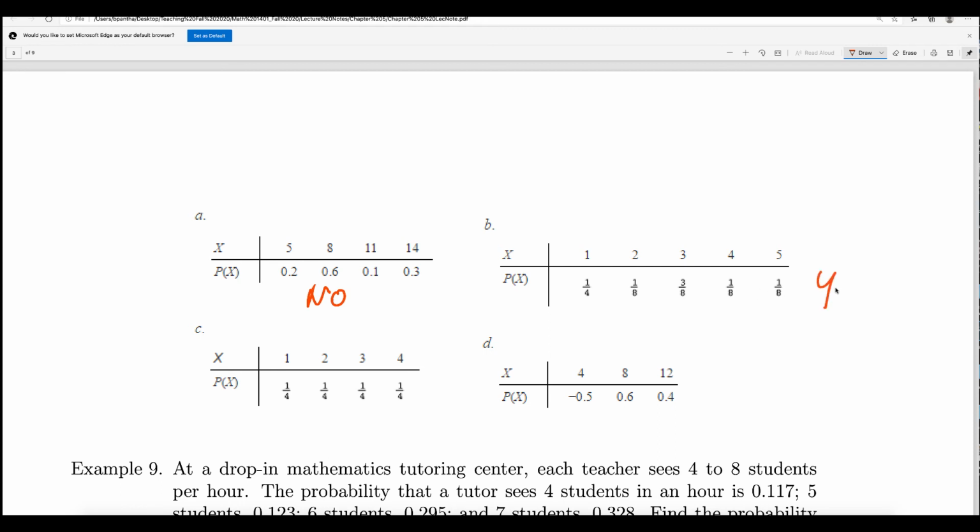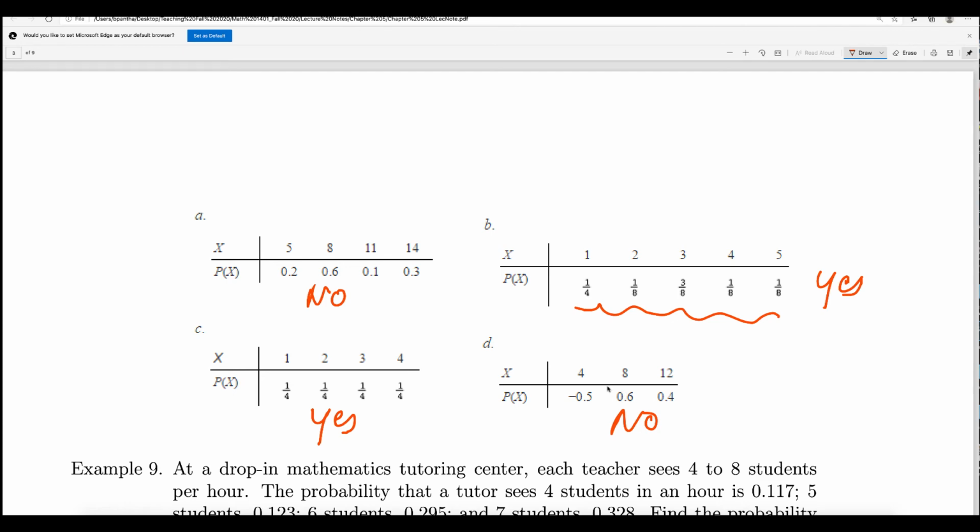This is yes, because all the probability values are between 0 and 1 inclusive, right? And then the sum is 1. How about this one? The sum is 1, probabilities are between 0 and 1. So it is yes, and this is no. Why no? Because there is one negative value there. Also the sum is not equal to 1.